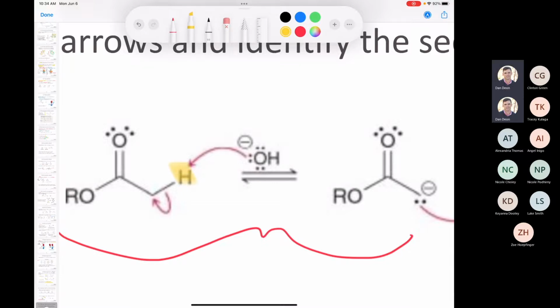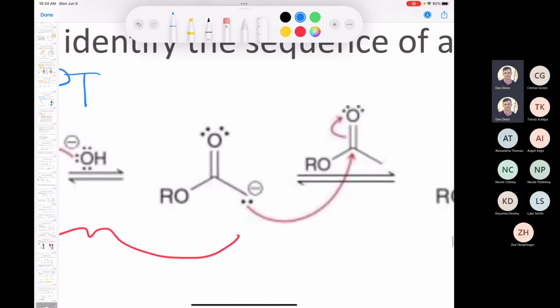It's a hydrogen. And the hydrogen is moving over to the hydroxide, right? You're forming a bond. You're forming water in this step right here. And so if we're taking a hydrogen, I would say that that would be a proton transfer. First step is a proton transfer. Yes, absolutely. What about the next step?